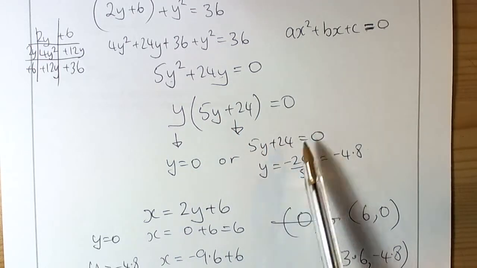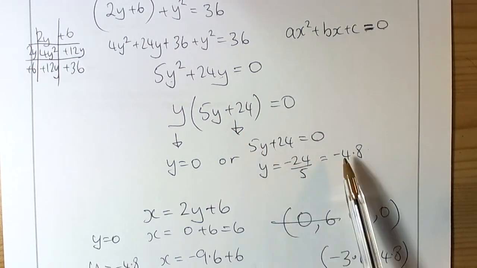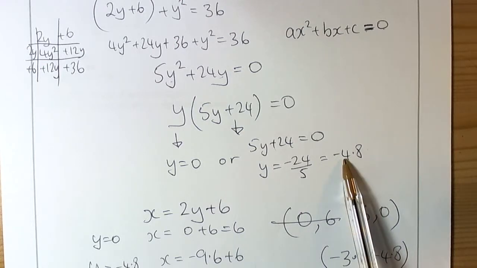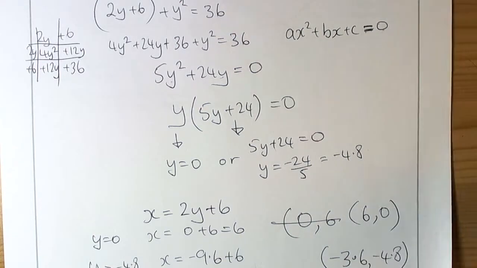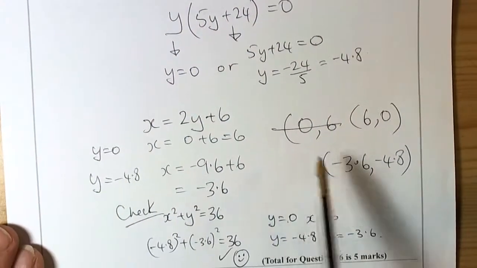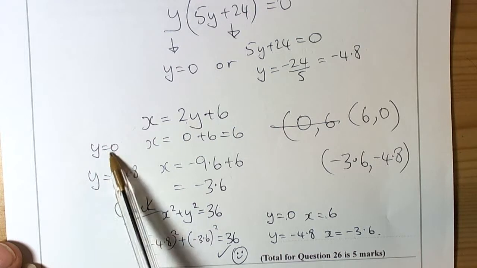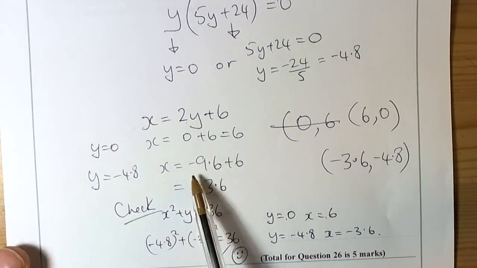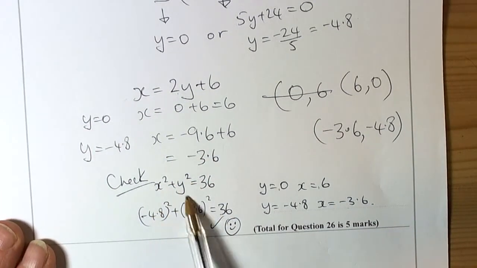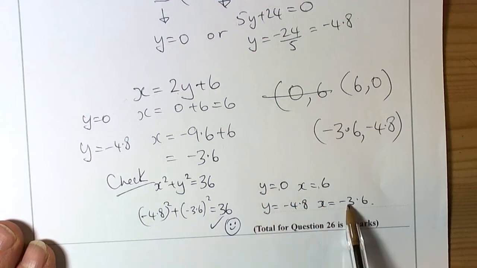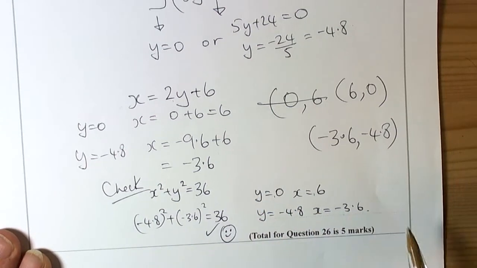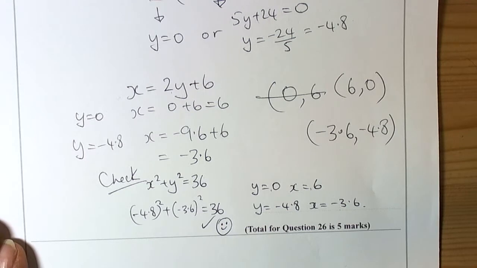And if the bracket was 0, you can rearrange that to make y the subject and find out the answer was negative 4.8. Because the original functions told us that x was equal to twice the y value plus 6, then I can use the two y values I found to find the x values. And of course we should then check it all worked, and then we put down our solutions. So that's solving quadratic and linear simultaneous equations.